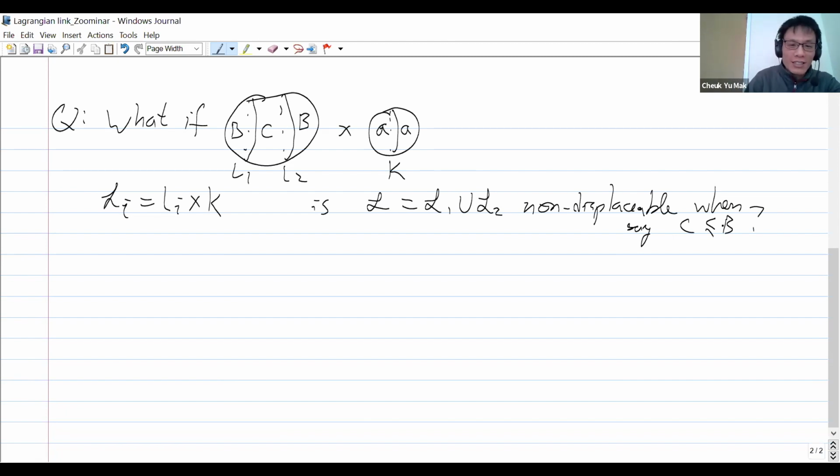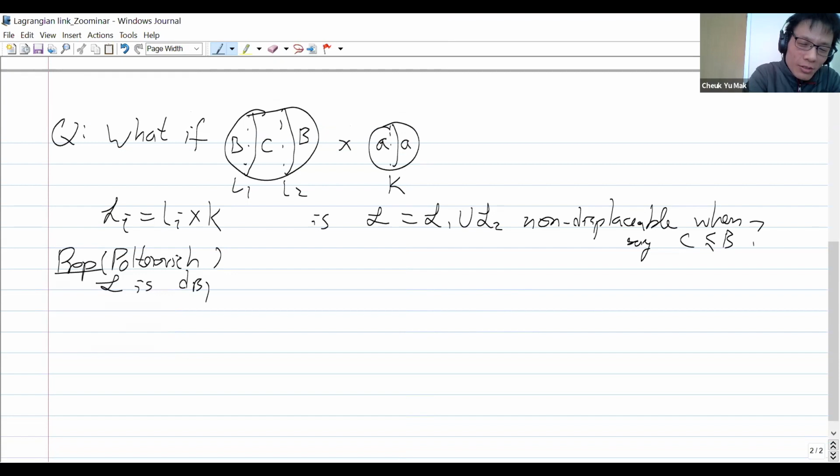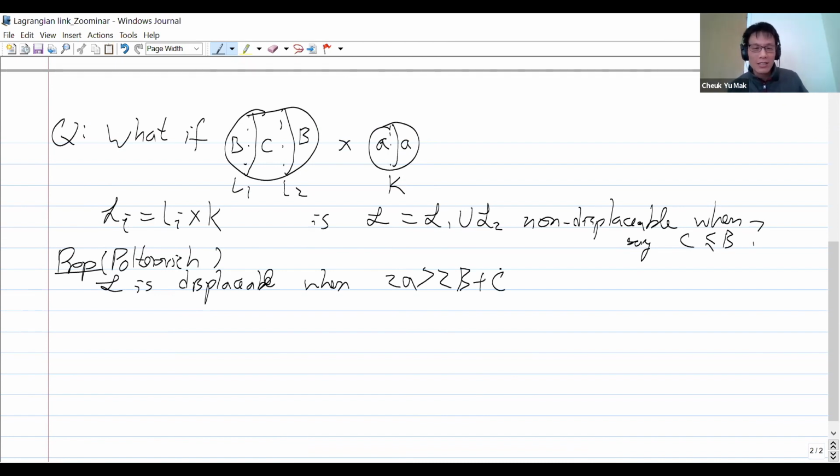Surprisingly, the answer is that it is actually displaceable as long as the factor on the right-hand side is large, displaceable when 2A is greater than 2B plus C, if the factor on the right-hand side has larger area.